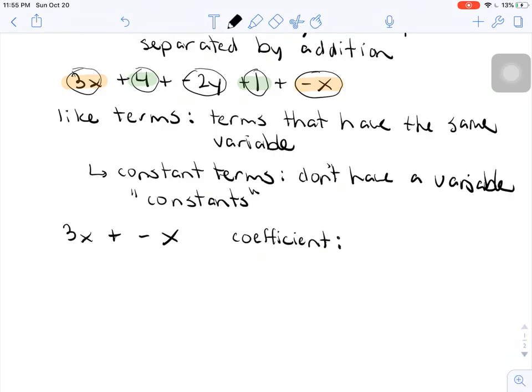Since with a coefficient we will be multiplying, it is the factor of the variable. In other words, it's what the variable is getting multiplied by, which again tells us how many of that thing we have. So when we say 3 times x, we're saying, okay, I have 3 x's, x plus x plus x.